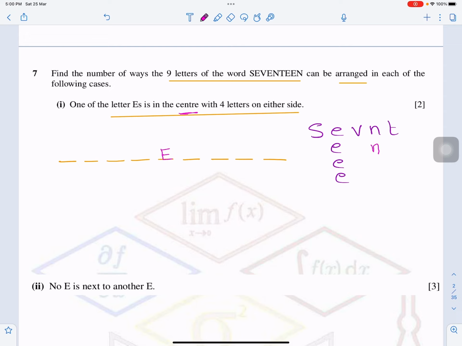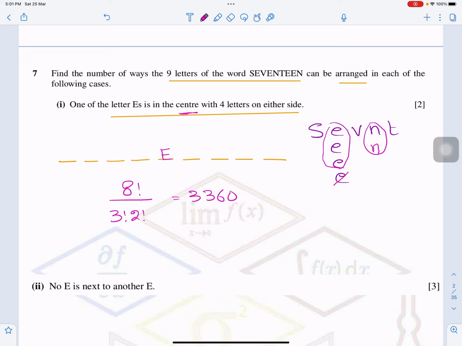One of the E's is gone, so the remaining letters are 8. For that you will write 8 factorial. Now why will I divide it? Because there are 2 N's which are identical and there are 3 E's which are identical. So you will write 3 factorial into 2 factorial. This will give you the answer 3360.